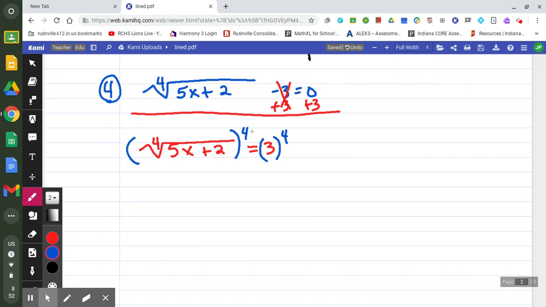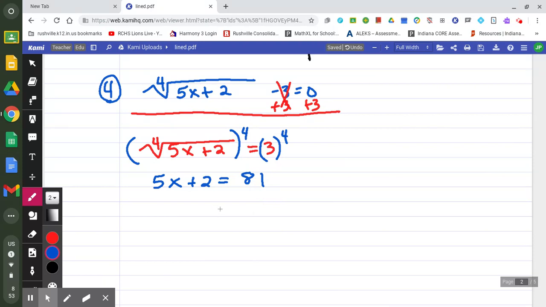So when you raise a fourth root to the fourth power, you're getting rid of the radical sign, and you will just have the 5x plus 2 equals, and then make sure that you're doing it to the fourth power. So this means 3 times 3 times 3 times 3. So 81.